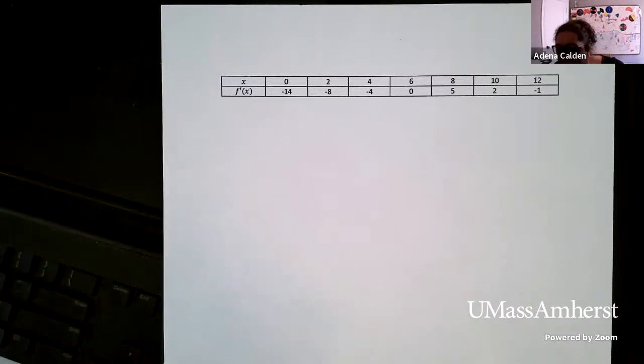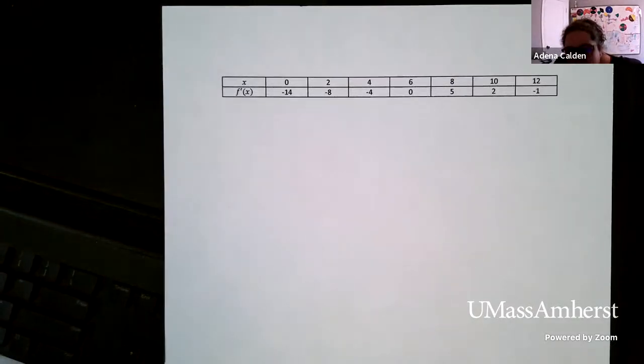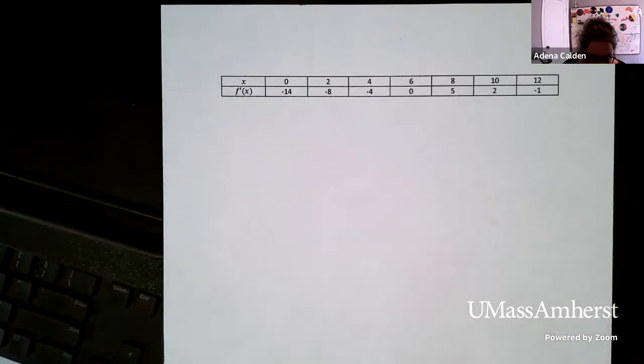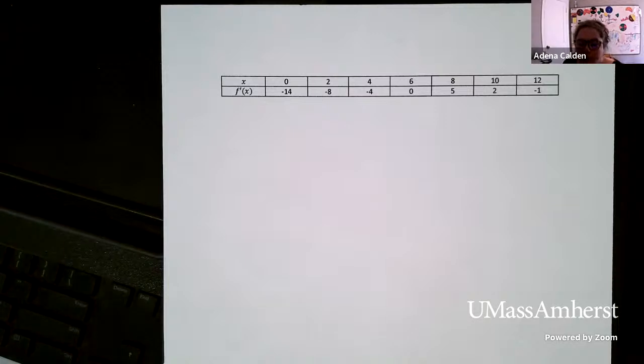So similar to the graph, we need to think about how we evaluate the first derivative to give us information about the second derivative, and then how we translate that information about the second derivative to talk about the original function. So take about 2 minutes, see what you can come up with, think about what we did on the graph, and then we will go through it together.